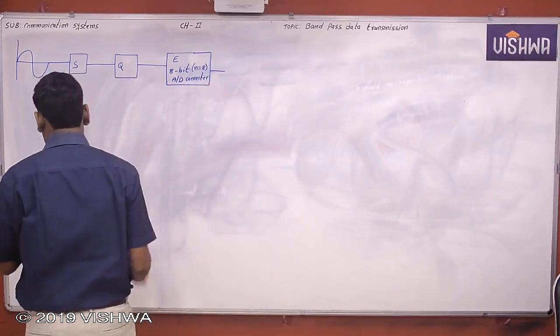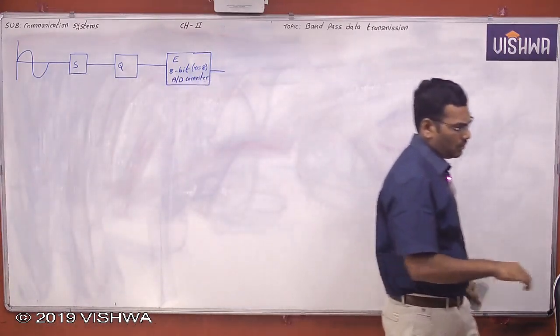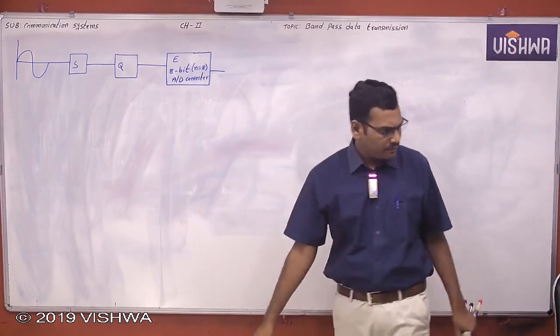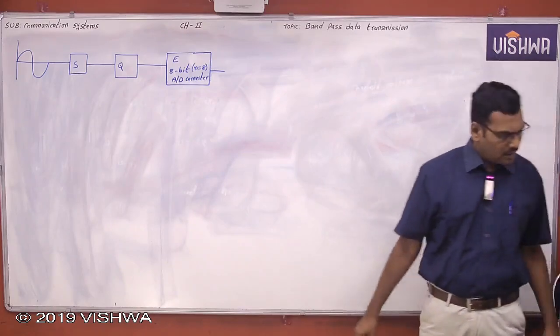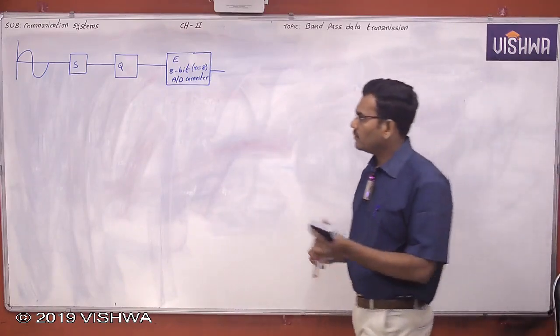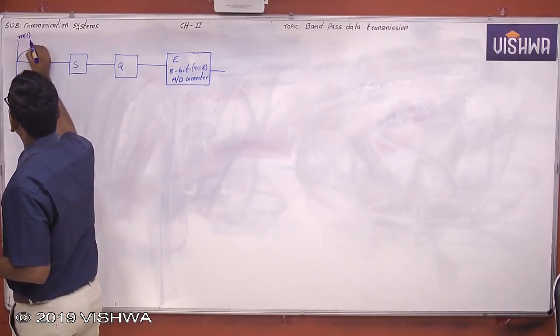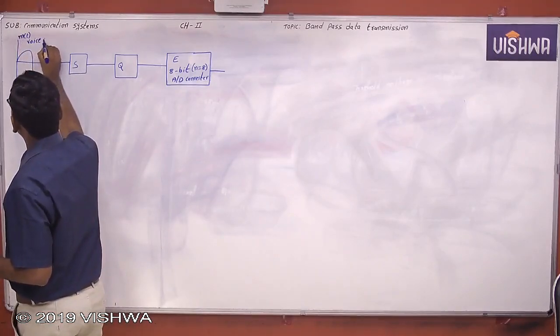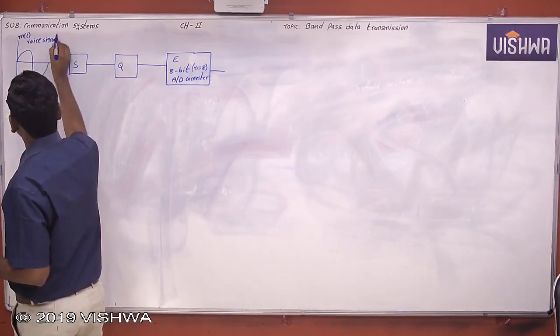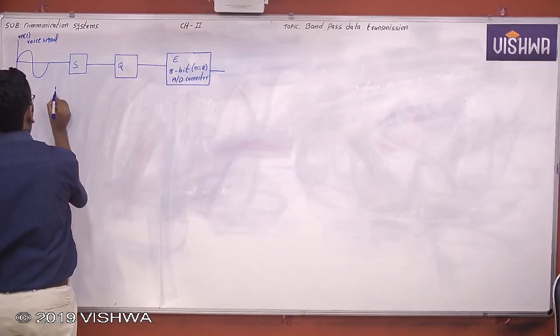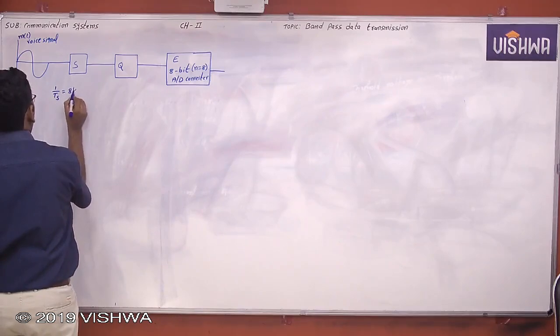Now what is being asked? A voice signal is sampled at the rate of, the sampling rate is given, 8,000 samples per second, 8 kilo samples per second.